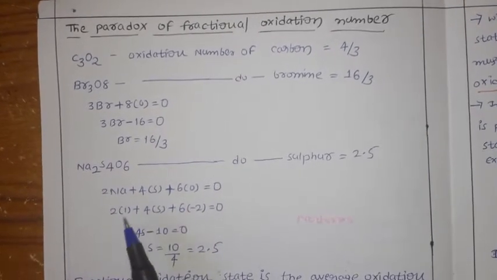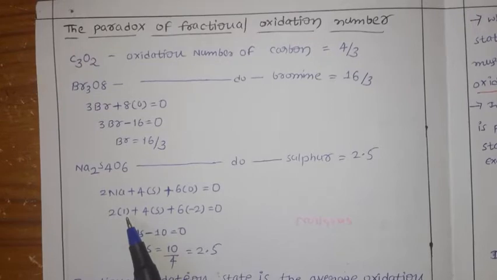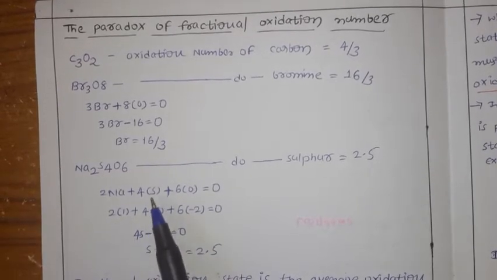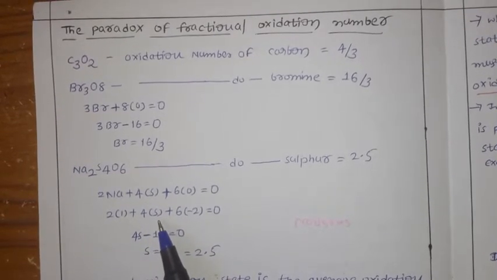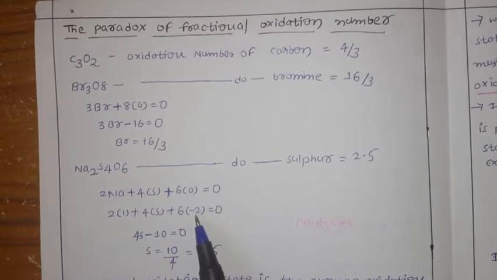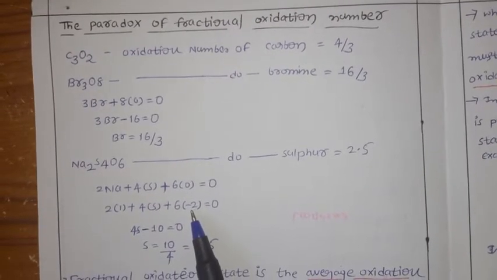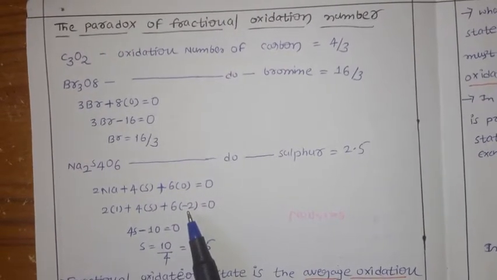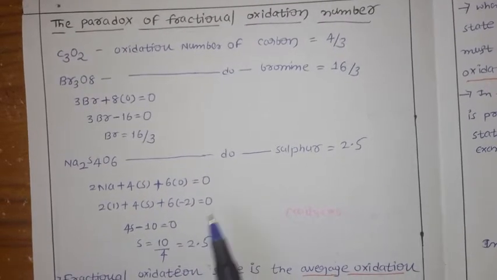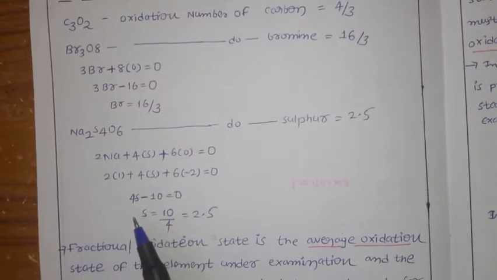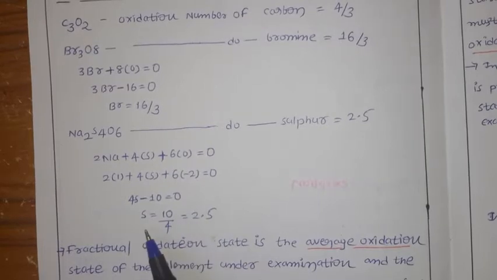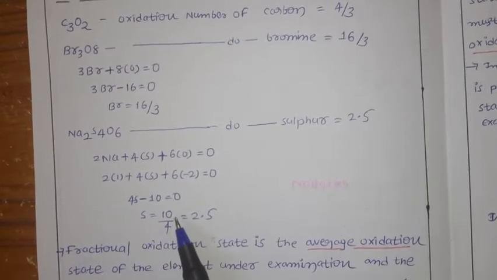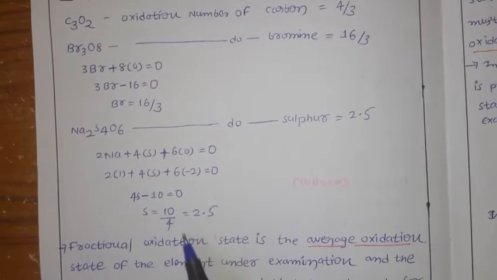Sodium is a first group element, so its oxidation state is +1. So 2 into +1 plus 4 sulfur atoms, which we have to find, plus 6 into -2, since oxygen's general oxidation number is -2, equals 0. On simplification, 4s minus 10 equals 0, so sulfur equals 10/4, and you get a fraction.